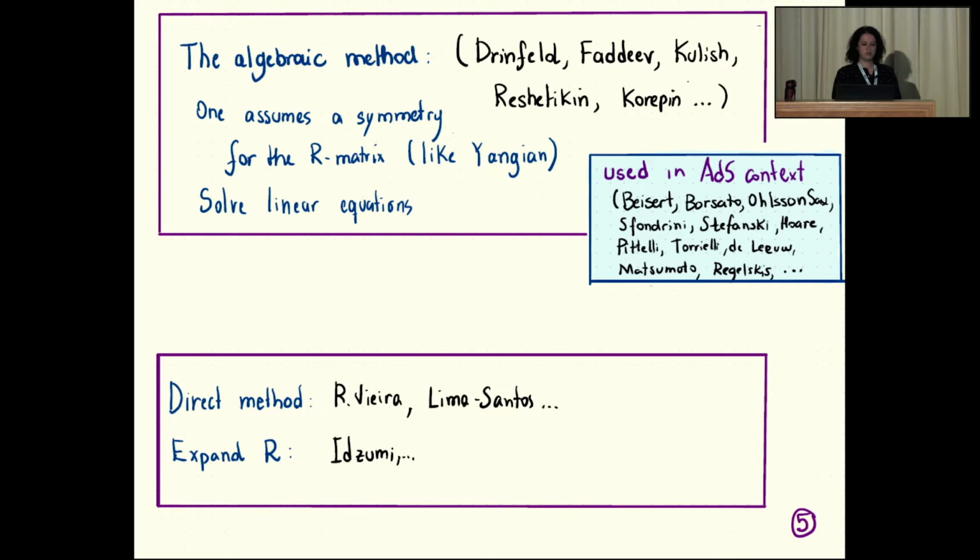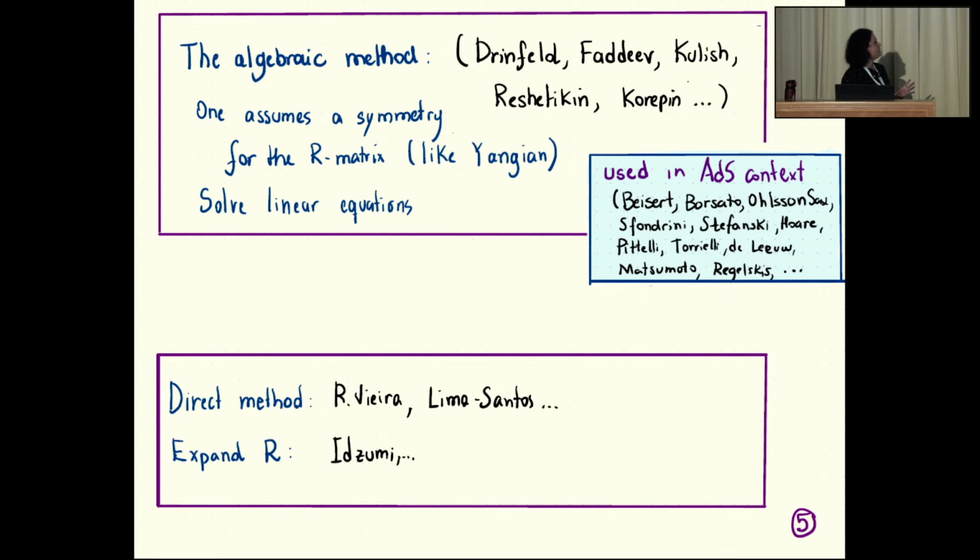There are some other methods, just to cite a few. You can directly diagonalize the Yang-Baxter equation by applying a derivative on the equation and solving some differential equations. This can be quite hard for some classes of models, but you can do it for a few classes. You can also expand the R-matrix in terms of the spectral parameter and the Hamiltonian and try to sum at some point.